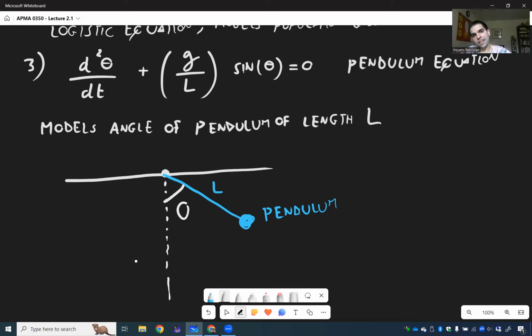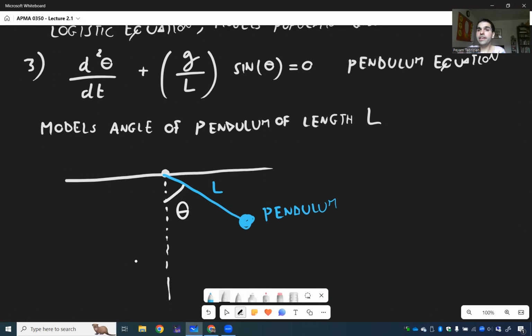This angle, and it turns out our differential equation models that angle. Now, it is so hard that it has no explicit solution. So there's no formula for the solution of this equation.